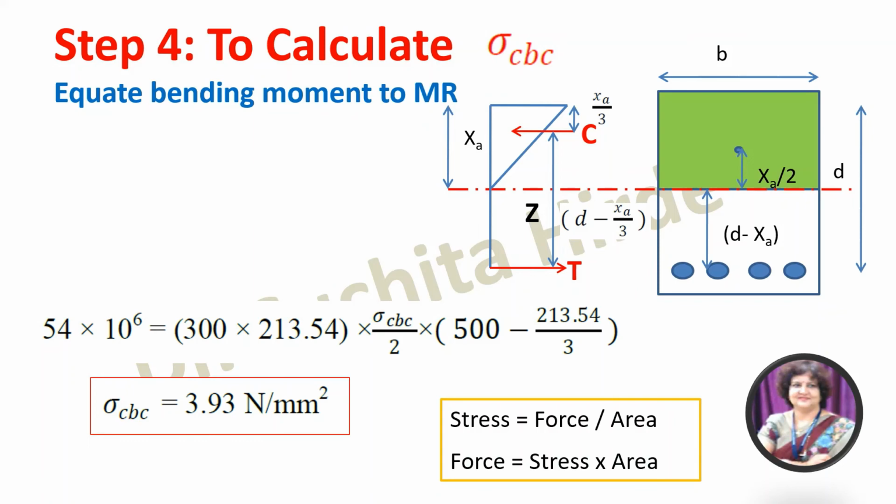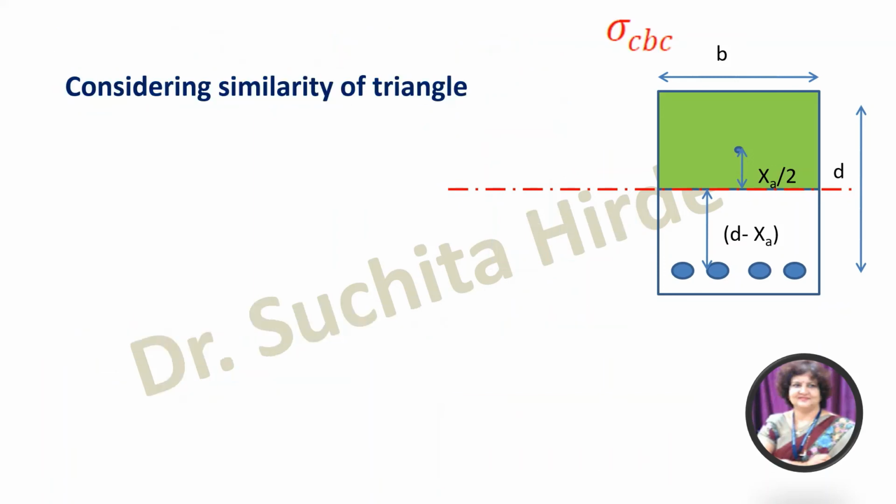We can calculate this sigma CBC using one more method. So we will discuss the alternate method to calculate sigma CBC. First we have seen how to calculate sigma CBC by equating bending moment to moment of resistance. Now second method to calculate sigma CBC is considering similarity of triangle.